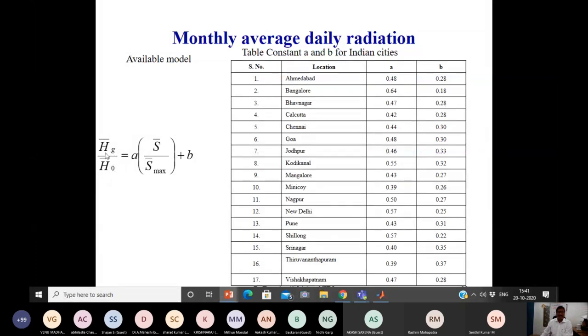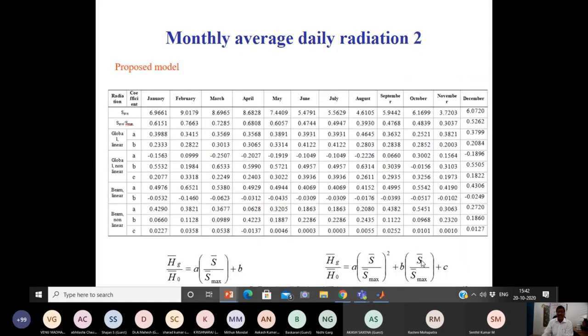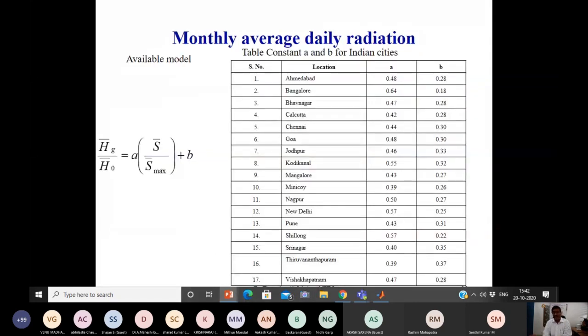This Hg indicates the total global energy out of this reference energy. For some selected cities, the constants A and B have been defined, but here these constants are not defined with reference to the months. There are only 2 constants, and the number of coefficients is very limited here.